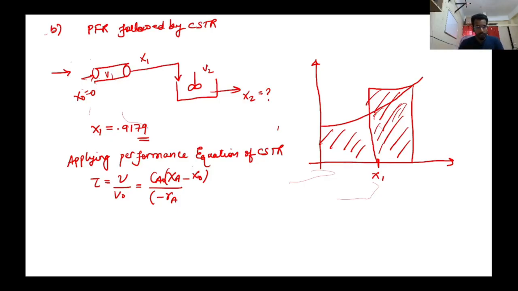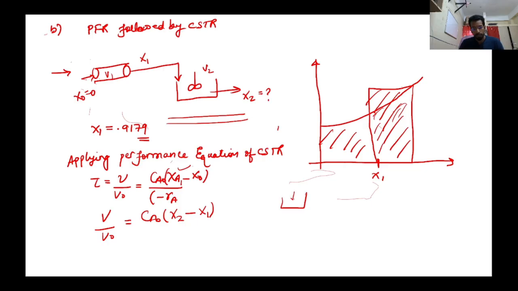Okay, so we applied the performance equation for CSTR. Now V by V naught is equal to CA naught times the difference in conversion. In this reactor, X2 is the exit and X1 is the inlet. How?